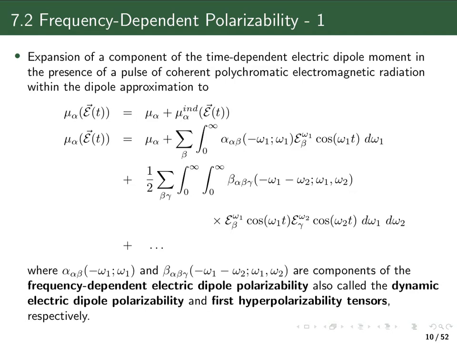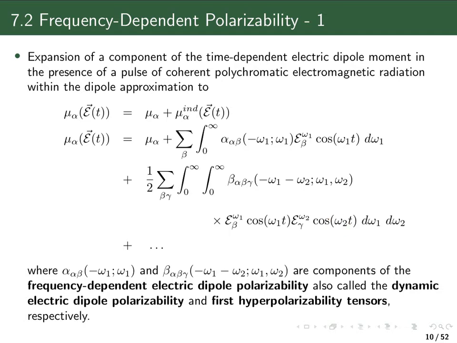Here, I just write the quadratic term up, which includes the first hyperpolarizability. And we have two time-dependent oscillating electric fields, where the first one I let oscillate with a frequency omega 1 and the second one with a frequency omega 2.